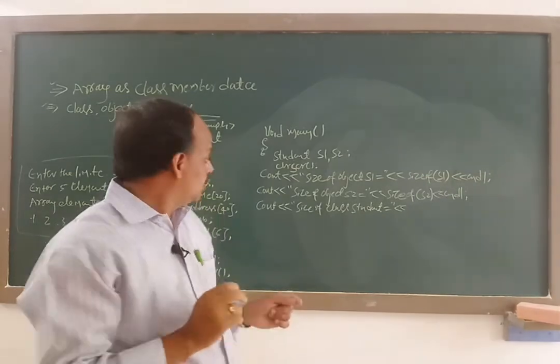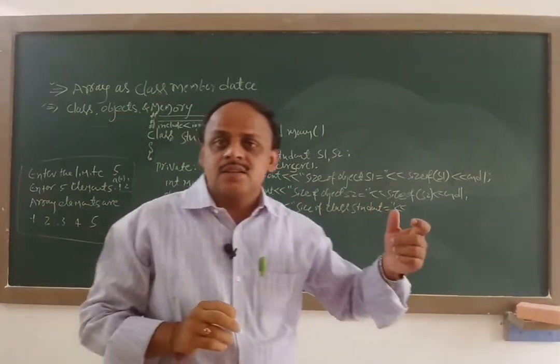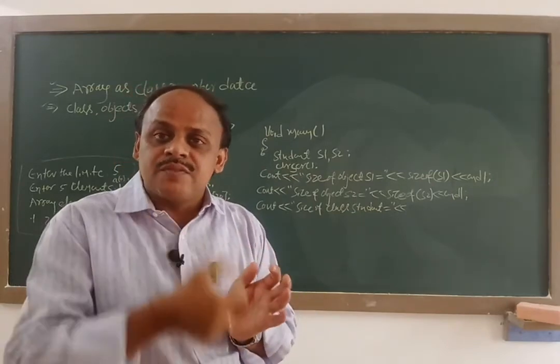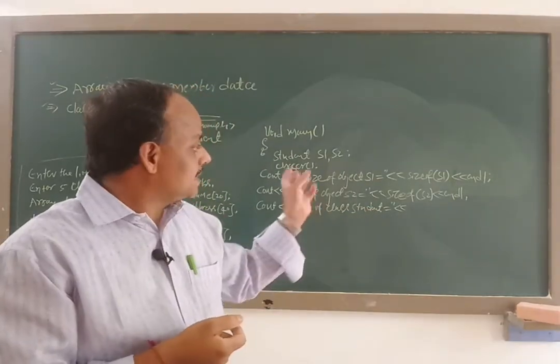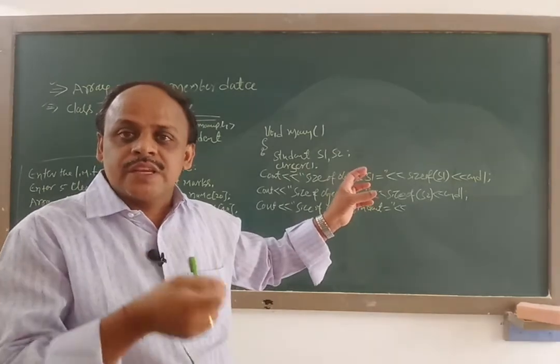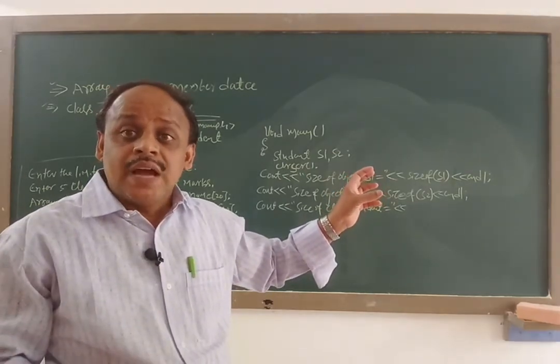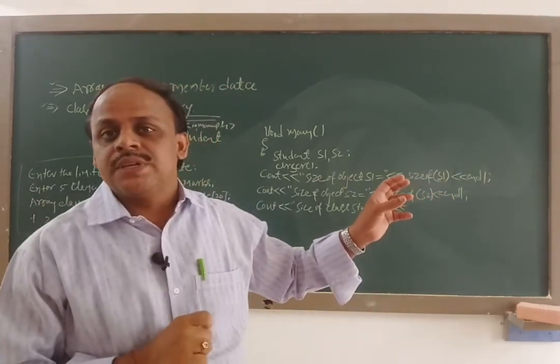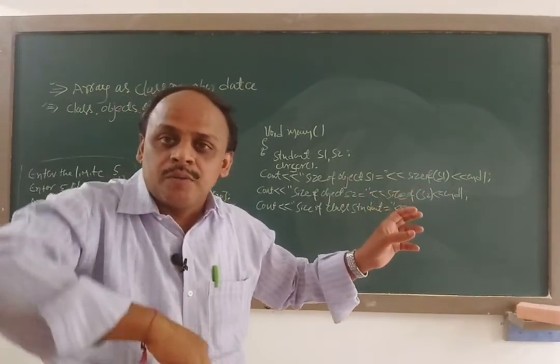What we have to write: see, the class contains objects s1 and s2. So to find the size of an object, we have to write size of s1, size of s2 respectively. To find the size of the class, we have to add all the objects, because the class contains objects.